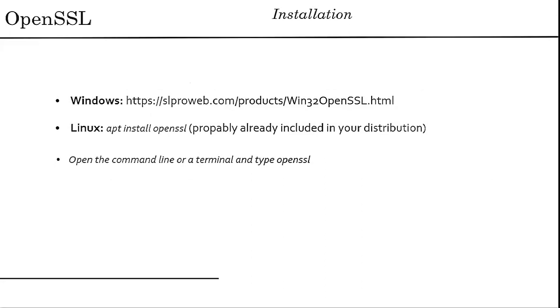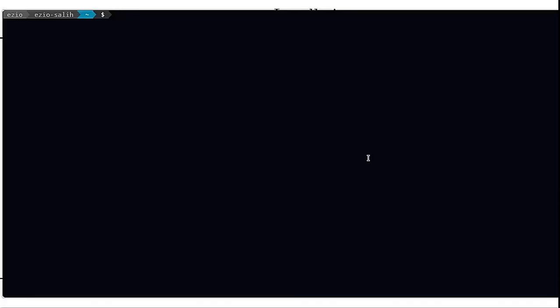To get the installation, use this link for Windows. In Linux, it is already probably included in your distribution, especially if you're using Linux Mint, where it is automatically installed. So you simply open a command line and type OpenSSL. And you will get something like this.